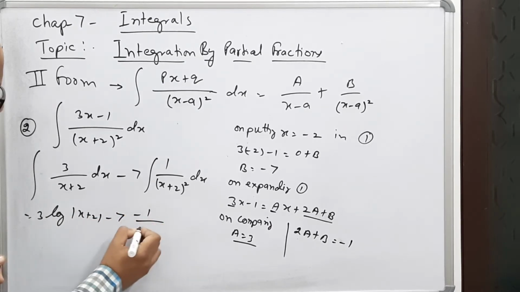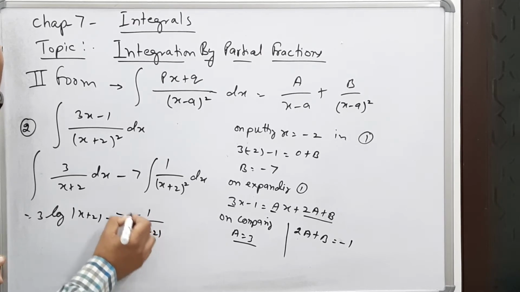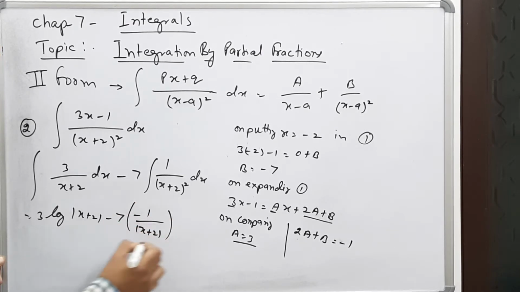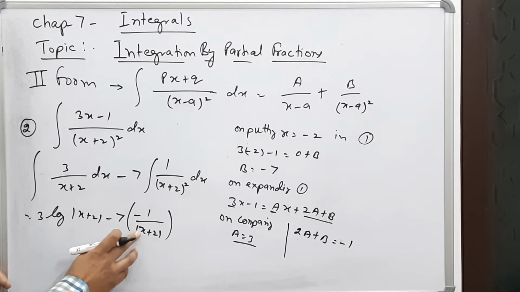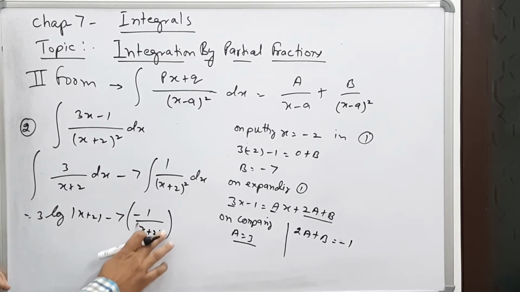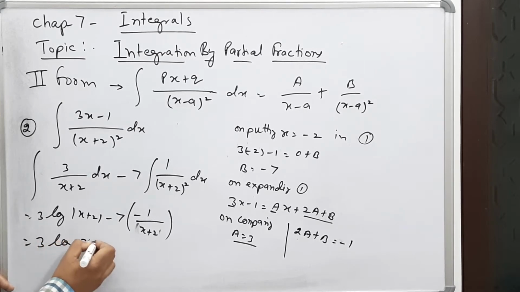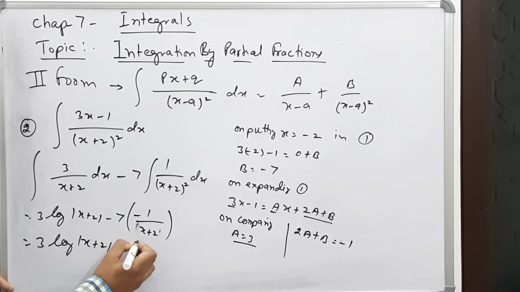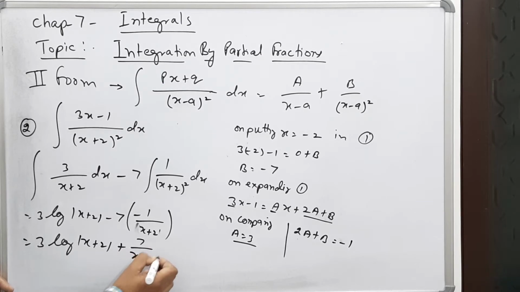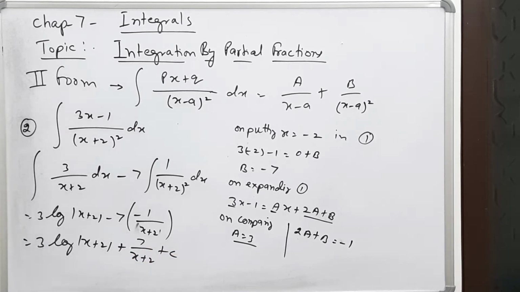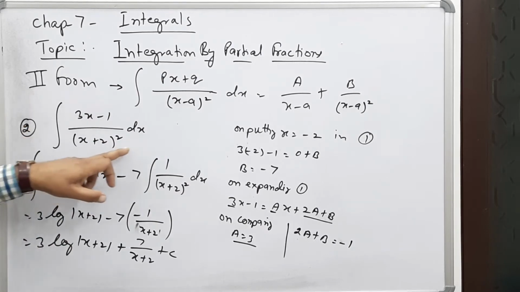So this answer is minus 1 upon (x + 2). See this part, it is minus and (x + 2). So the final answer is 3 log|x + 2| plus 7 upon (x + 2) plus c. So in this way we can solve the second type when it is square.